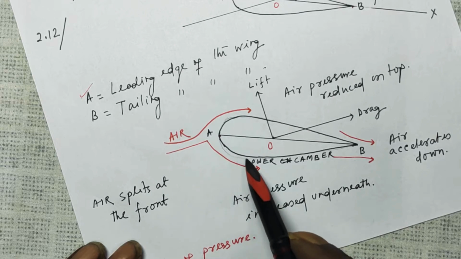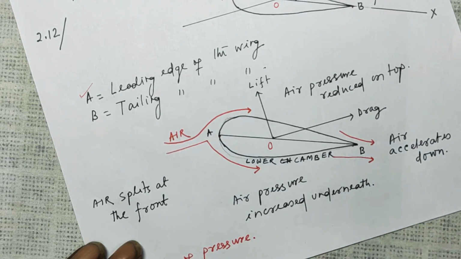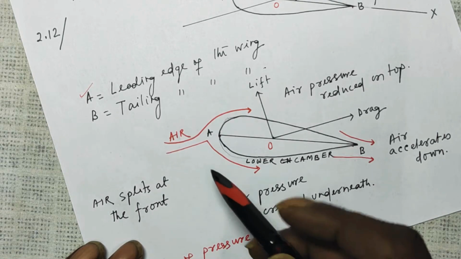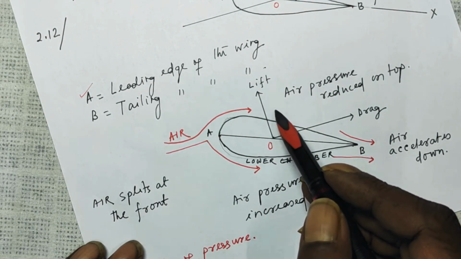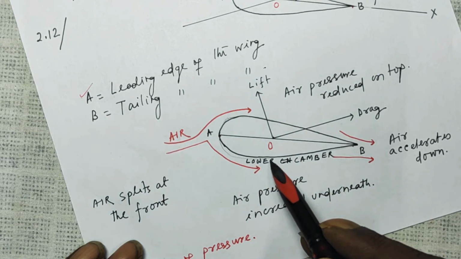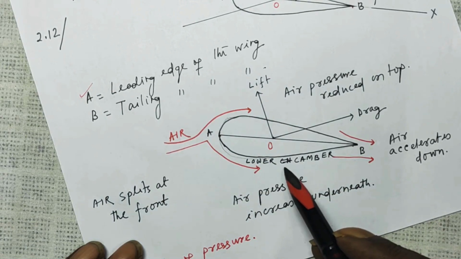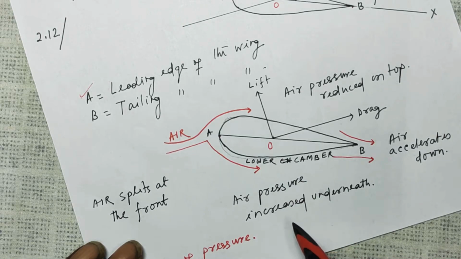This part is called the lower camber. The upper camber is more convex and the lower camber is less convex, so that the velocity of air on the top will be more and the velocity of air on the bottom, at the lower camber, will be less. Then we will apply Bernoulli's theorem.